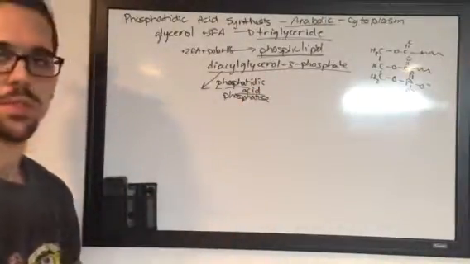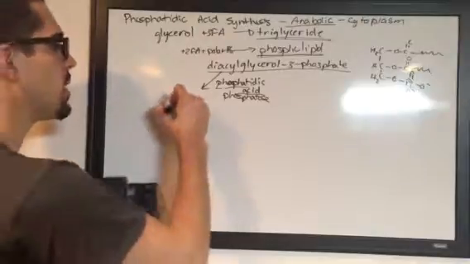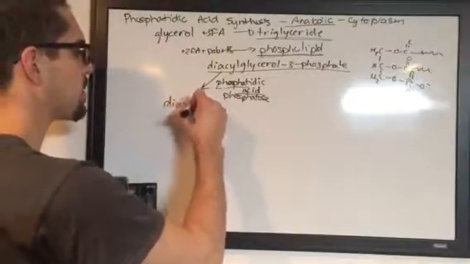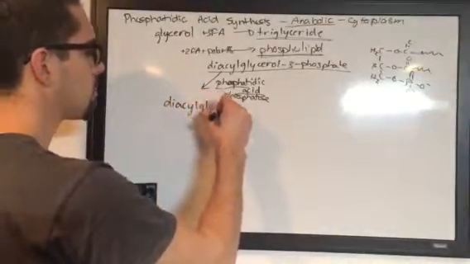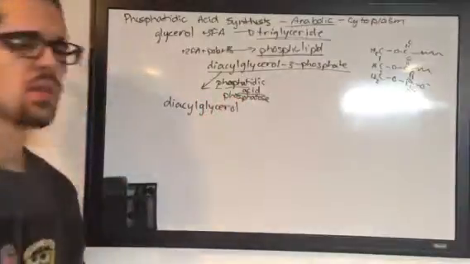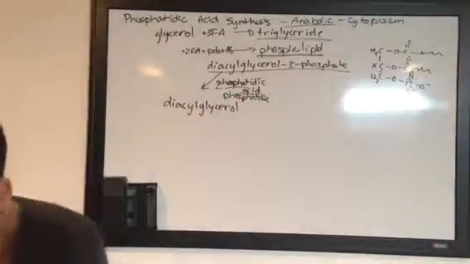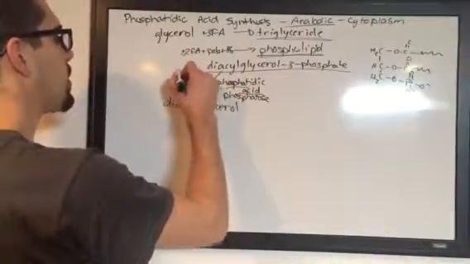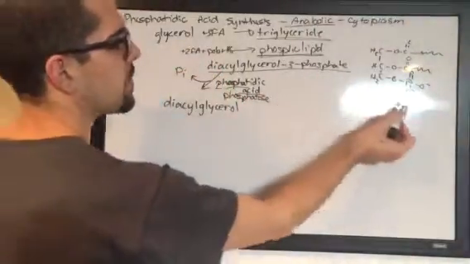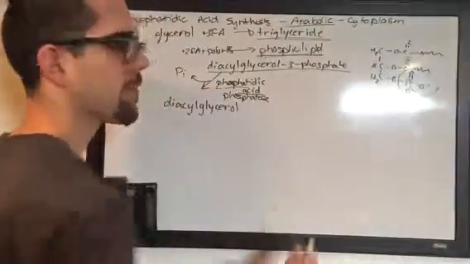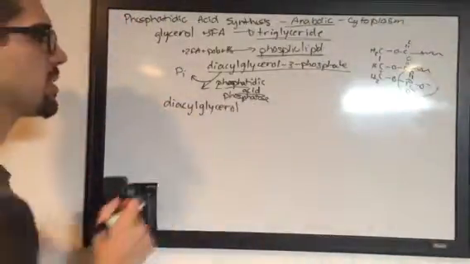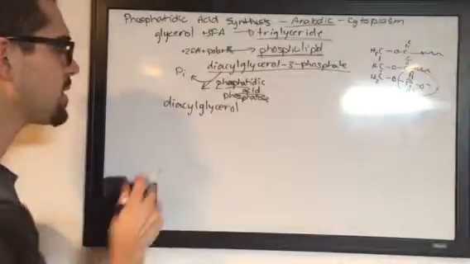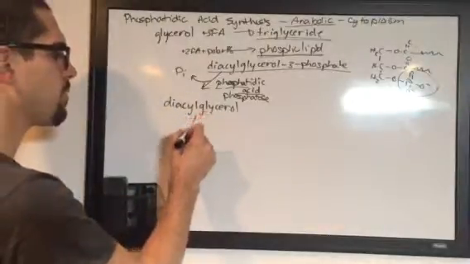A phosphatase is going to cleave off a phosphate group, so we're left with diacylglycerol. At this point in time, we're also going to have the release of an inorganic phosphate, which was this phosphate right here. That phosphate gets kicked off by the actions of this phosphatidic acid phosphatase, leaving us with diacylglycerol.